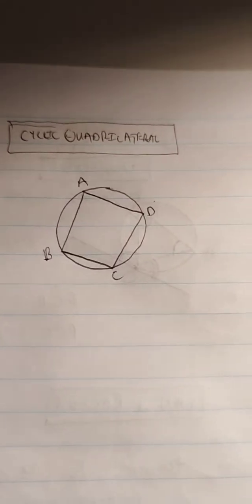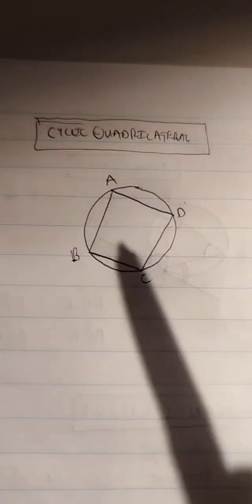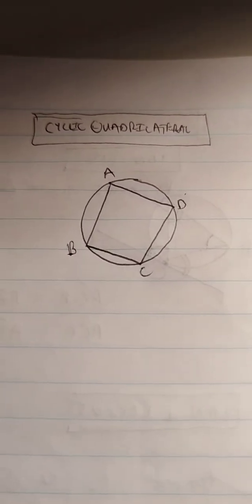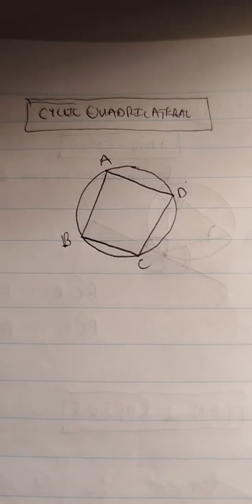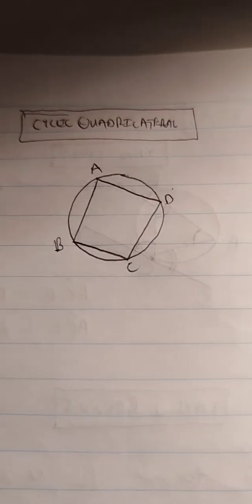So this A, B, C, D without the circle is a quadrilateral, but when all 4 points of a quadrilateral are on the circumference of the circle, we then call this a cyclic quadrilateral, or we say that A, B, C, and D are concyclic, which also underscores the idea of it being a cyclic quad.